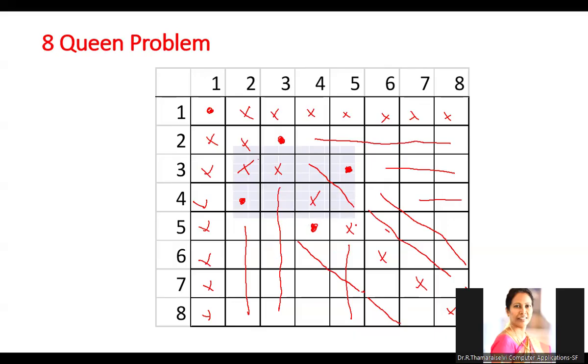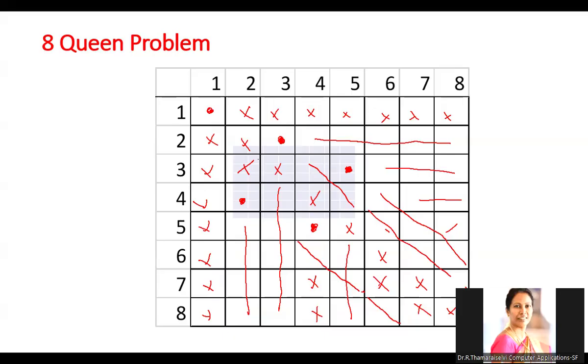So you cannot have a queen in this place, this place, and this place. And the sixth is not at all possible. Listen, you cannot keep the sixth queen in this sixth row. So backtrack. You should find a correct position to keep this fifth one.